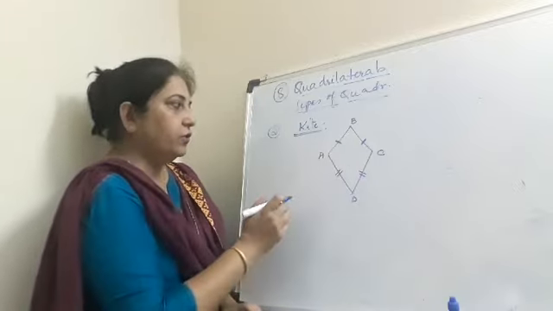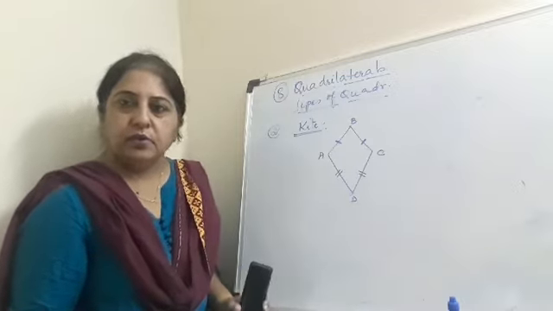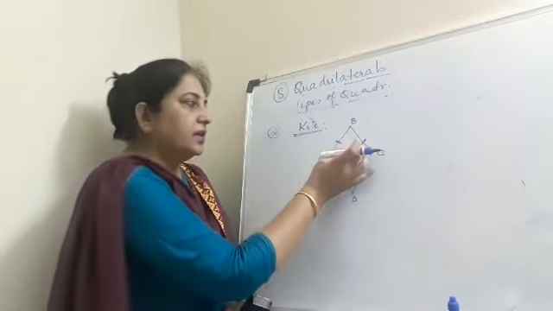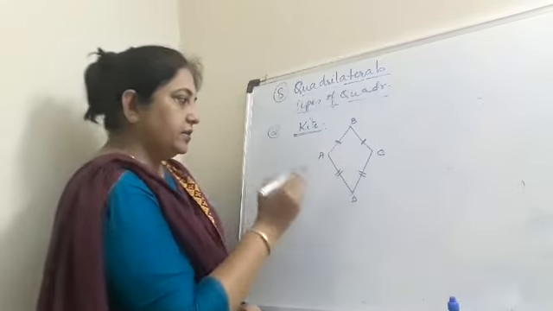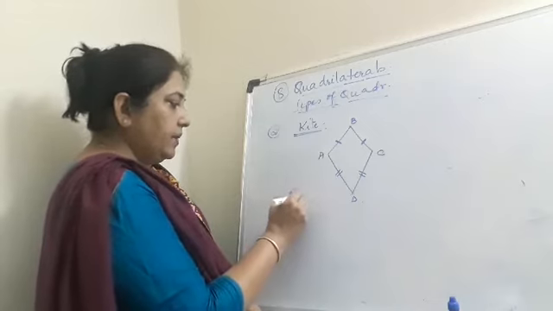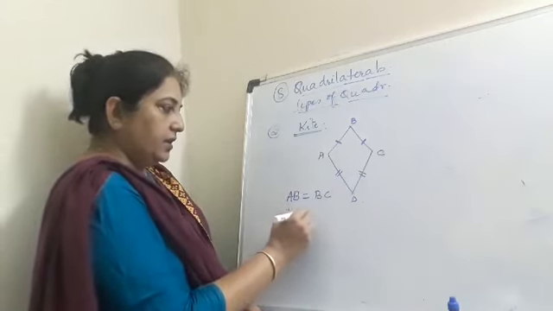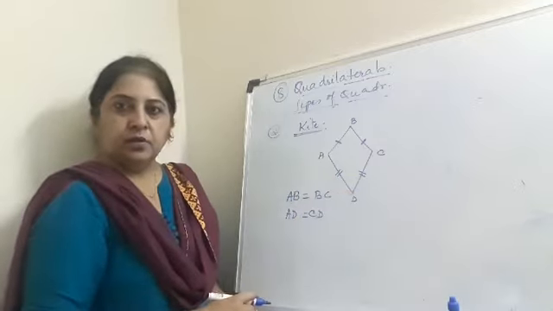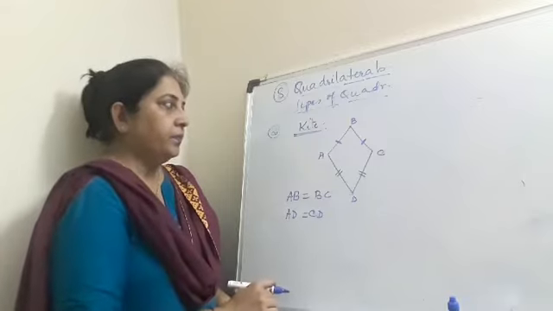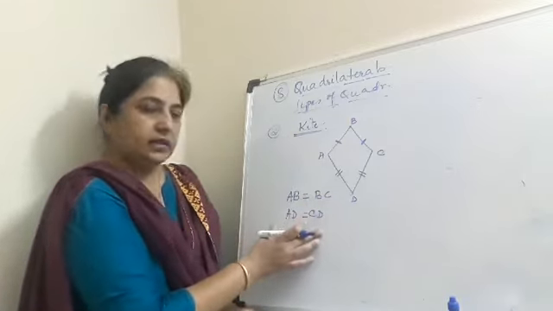So we write a kite is a quadrilateral, that means it is a four-sided figure with equal consecutive pairs. So we will write AB is equal to BC and AD is equal to CD. So this is a kite. You will draw it, write the definition and show the equal sides.